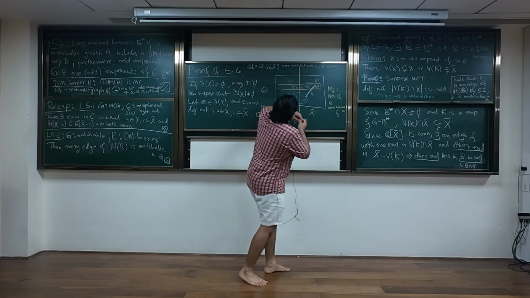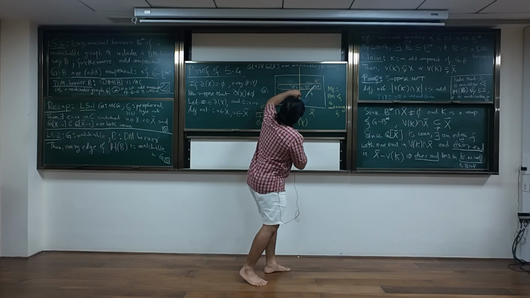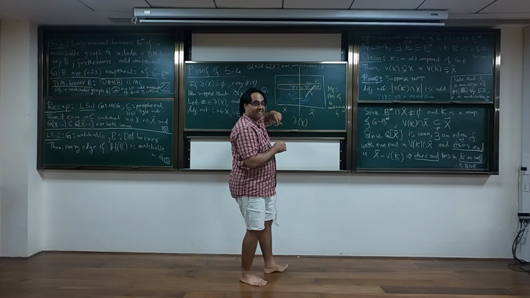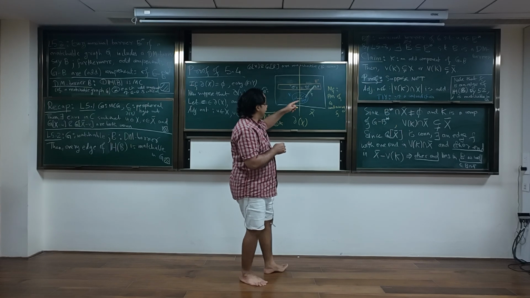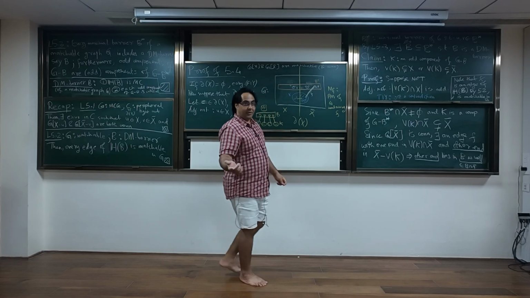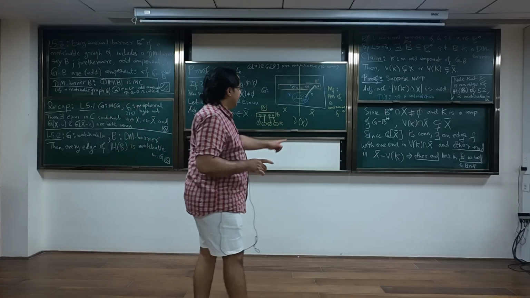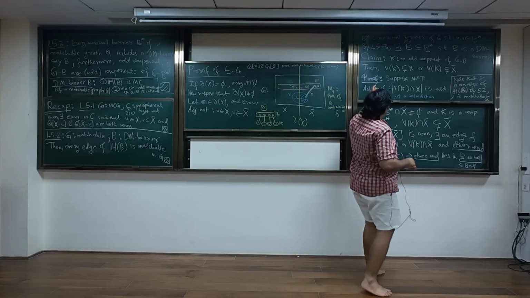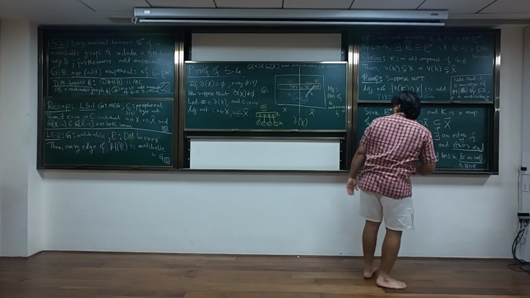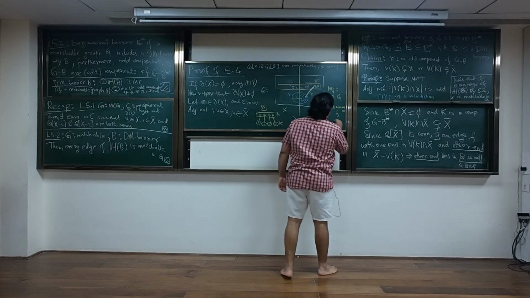So therefore there will be some vertex here that is matched here. But these edges are unmatchable in G. So therefore we have a contradiction. So what we have proved is this claim. I'll just say claim QED.